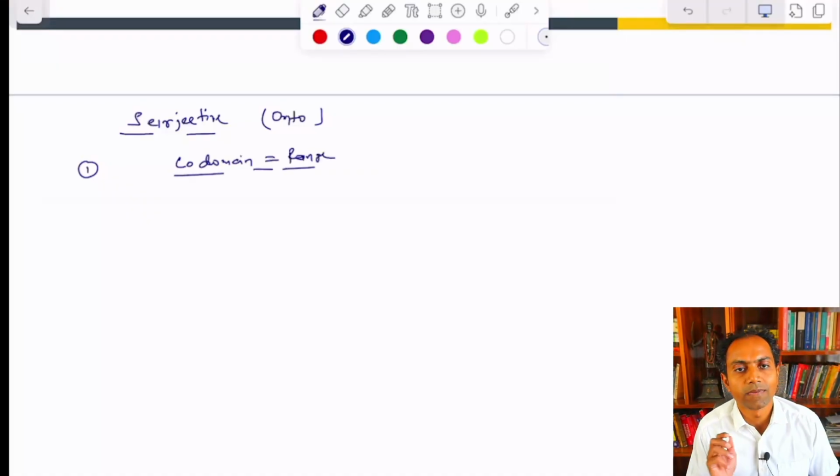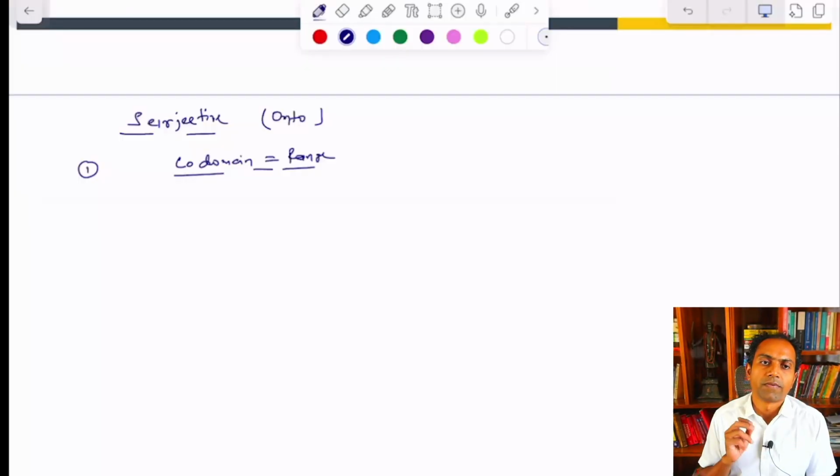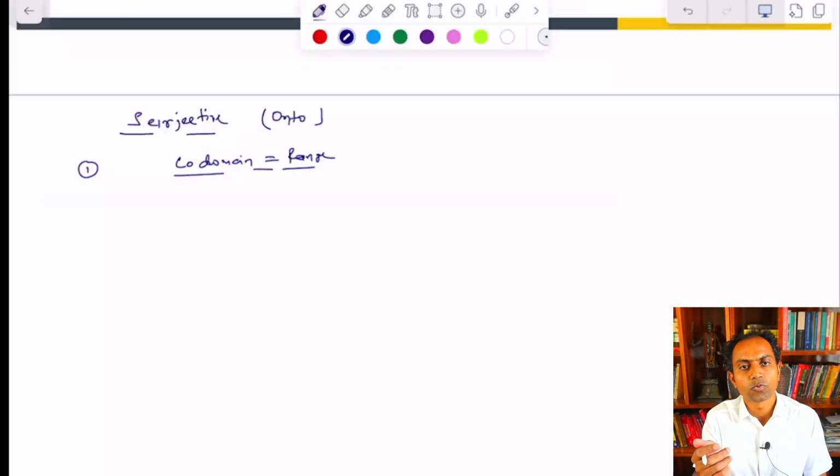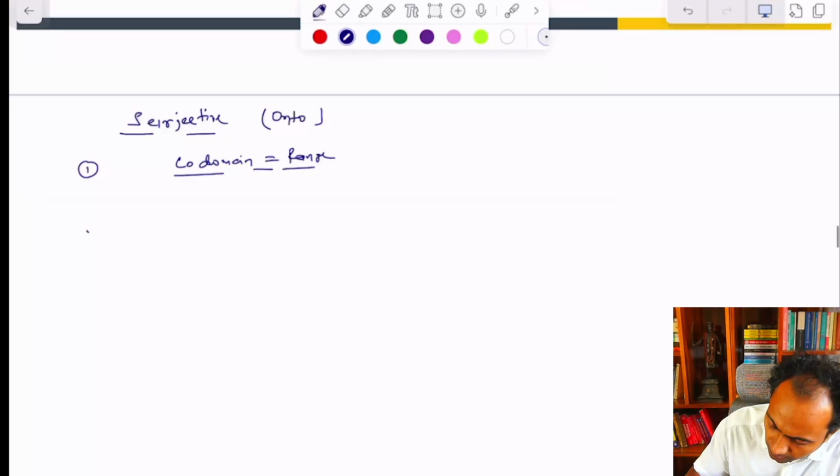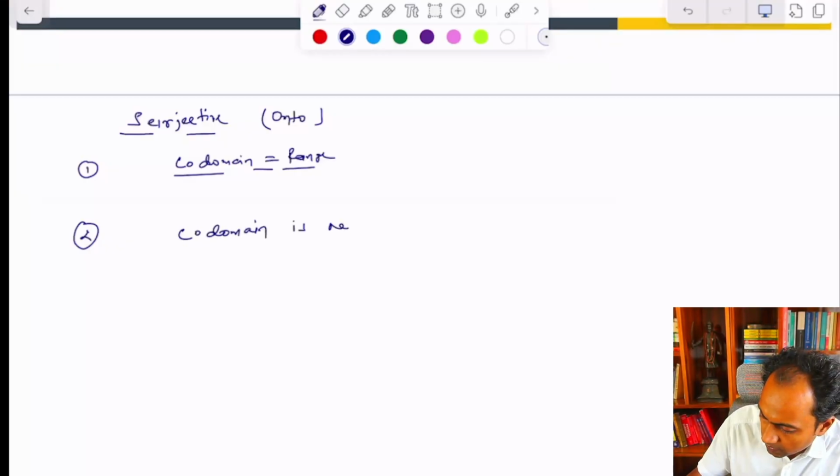So this is primarily a question of range only. Codomain would be given in the question. If it is given, you compare them. If it comes out to be equal, then it is surjective. In terms of a function where codomain is not given, we will assume it to be real numbers.